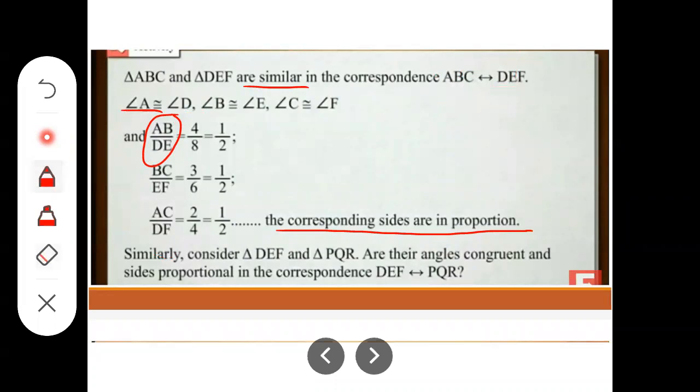Second and third vertex of the first triangle and second and third vertex of the second triangle. That means BC and EF. So BC by EF.